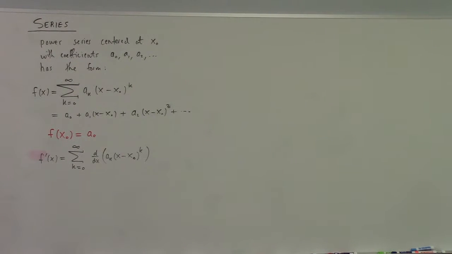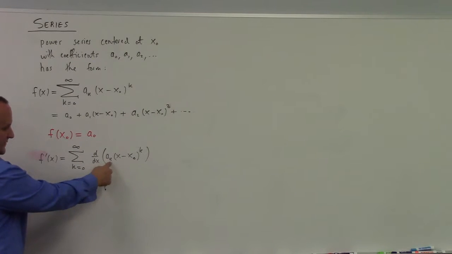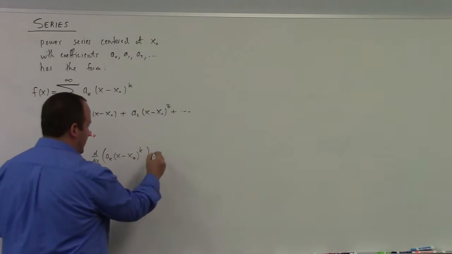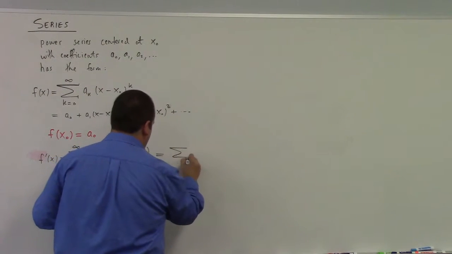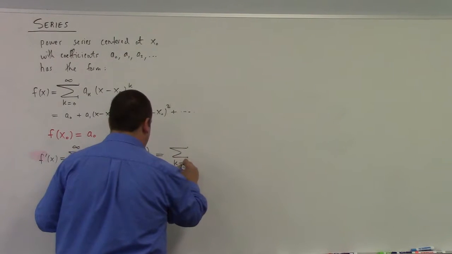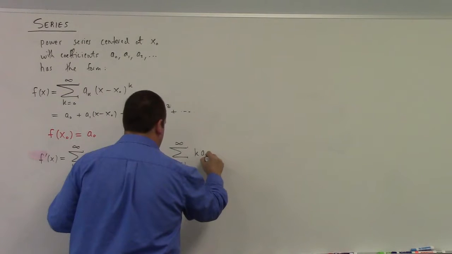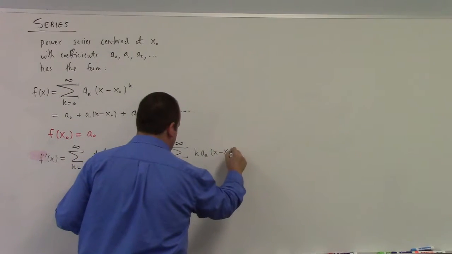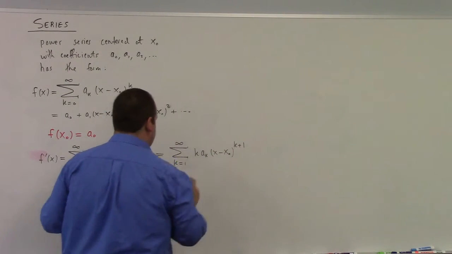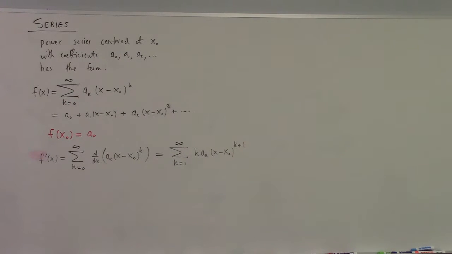Those are less nice. But this is a constant, so it pulls out, and the derivative of the series is simply, what happens to the 0th term? It differentiates to 0. And so we've got k, a sub k, (x minus x naught) to the k minus 1. I've just differentiated term by term.